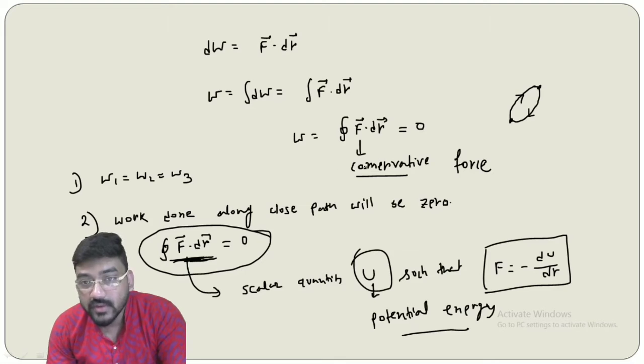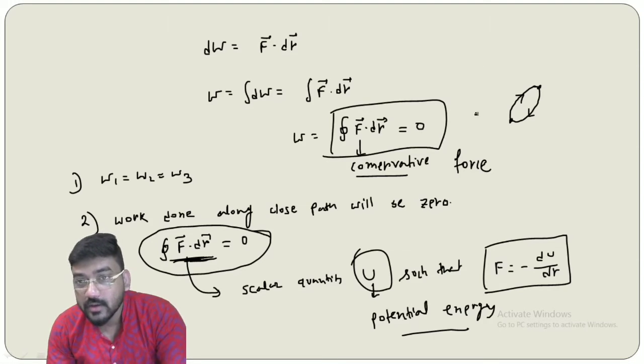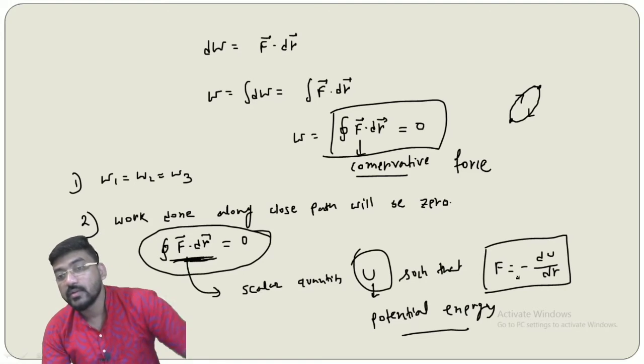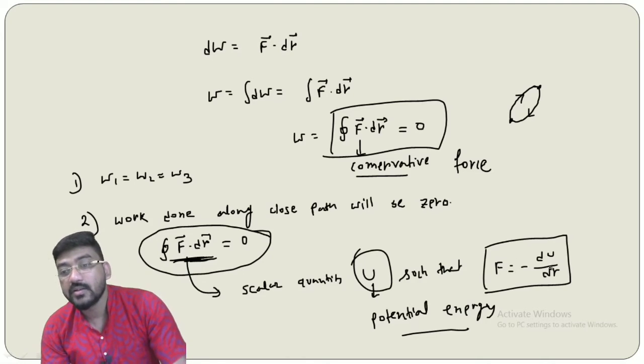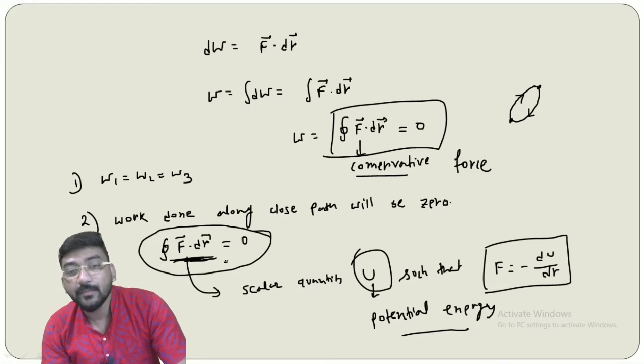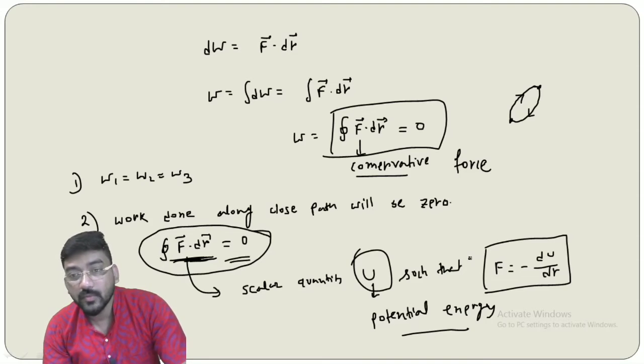So whenever there is a conservative force, the total work done along a closed path is 0, and then you will obviously get a scalar quantity u, which obeys this relation F is equal to minus du by dr. This can be proved from this expression, but in this class I can't prove it, because it is beyond the scope of your syllabus.